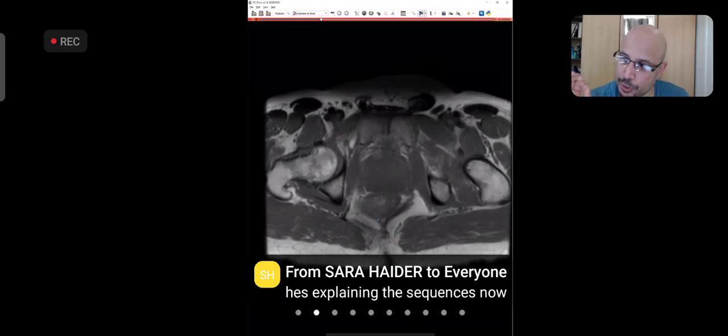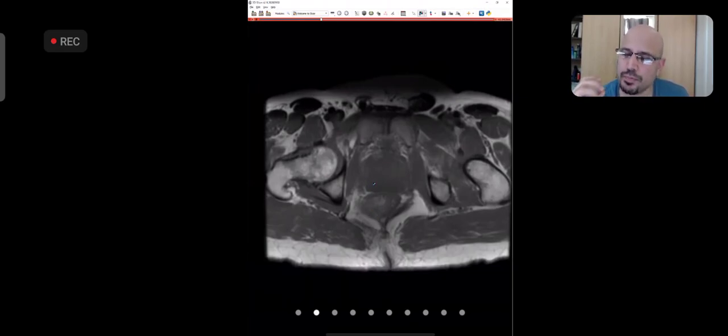For example, especially if somebody's done a biopsy, it is usually recommended that you wait for a few months.